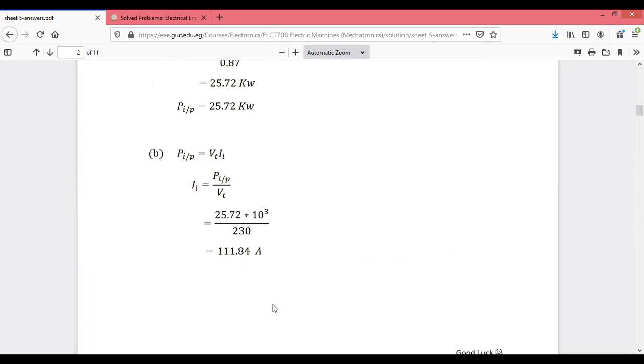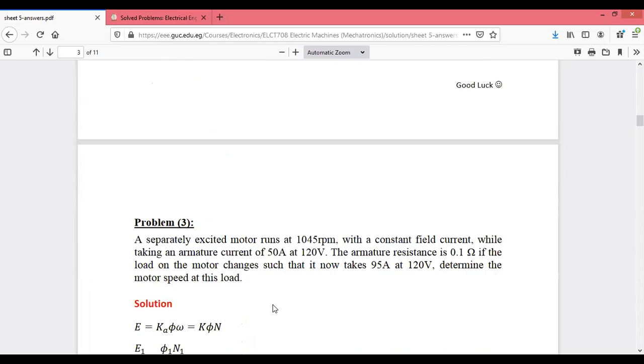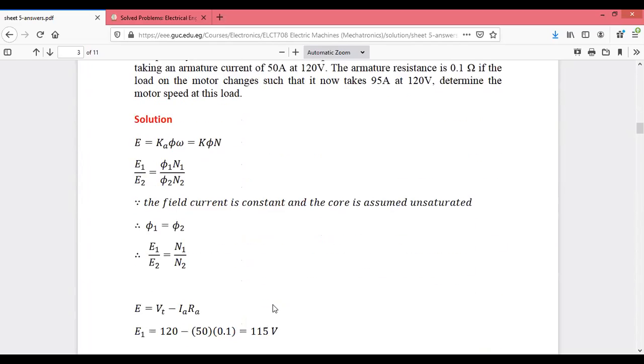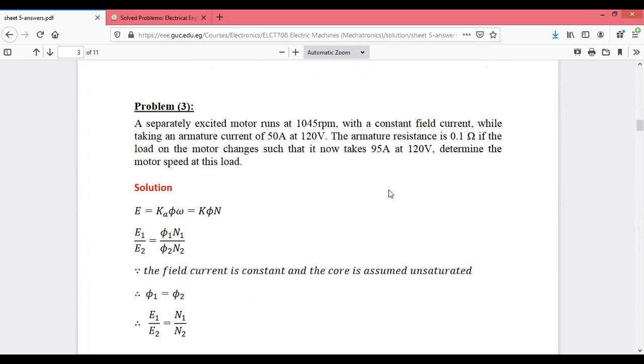So here again we have lots of problems. We can see them one by one. Now, what they have given here: a separately excited motor runs at 1045 RPM.